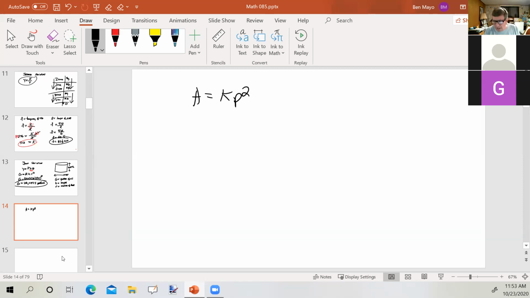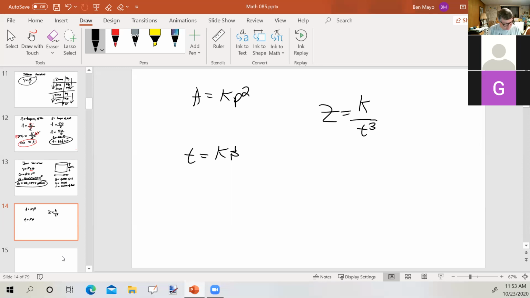Notice again, I put K in there even though it wasn't mentioned. How about this one? T varies directly as S. Z varies inversely as the cube of T.